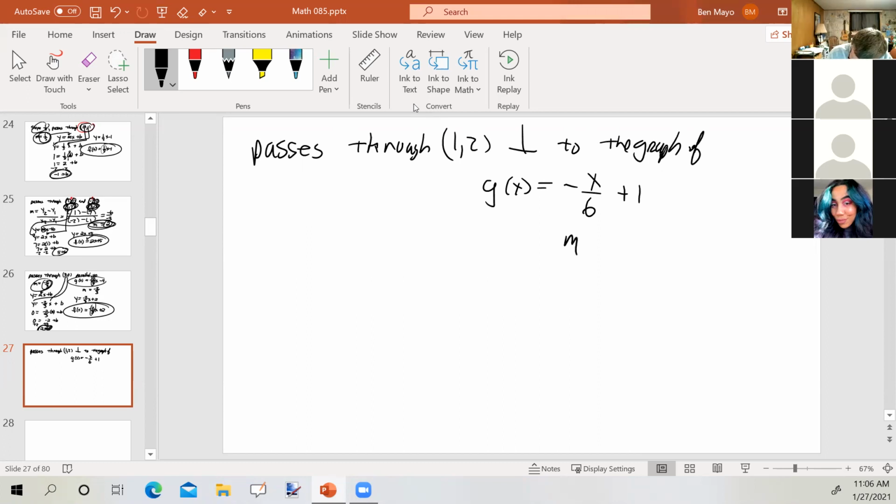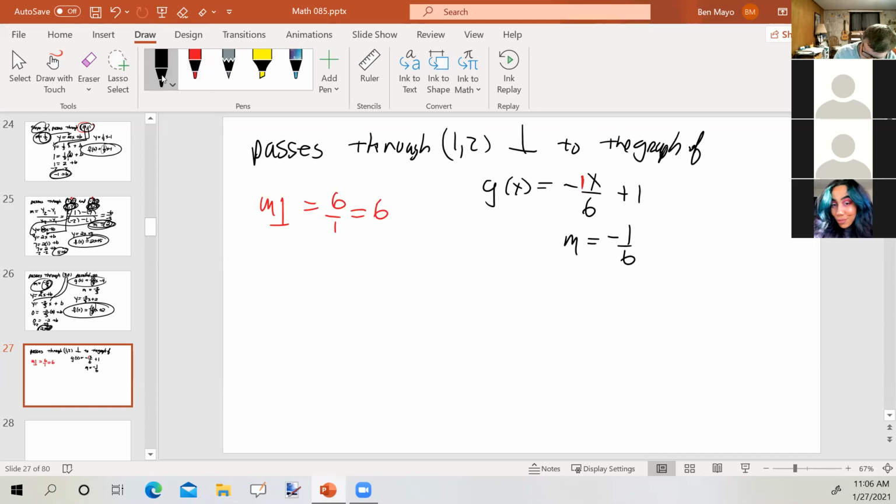So if the slope of this line is negative 1/6, keep in mind there's an implied 1 there, then the slope of the line perpendicular would be 6 over 1, or just 6. The negative reciprocal of negative 1/6 would be positive 6 over 1.